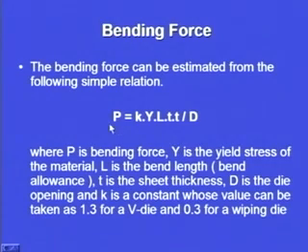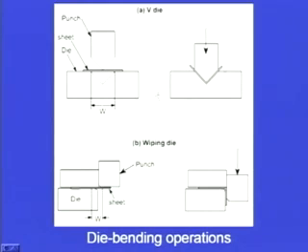Whenever we use a wiping die, the value of K will be taken as 0.3. So, depending upon the type of die, either the V die or the wiping die, we will carefully select the value of K for calculating the bending force.